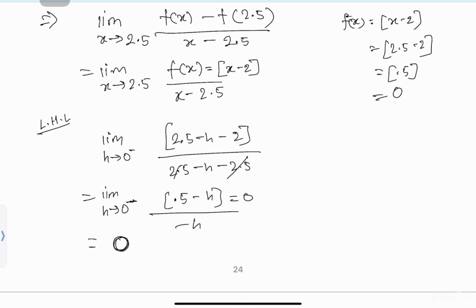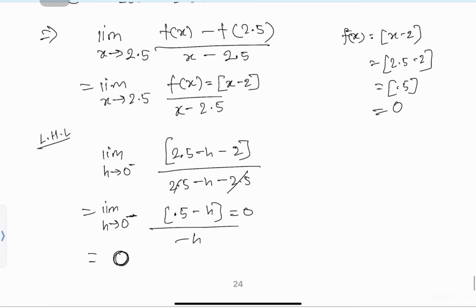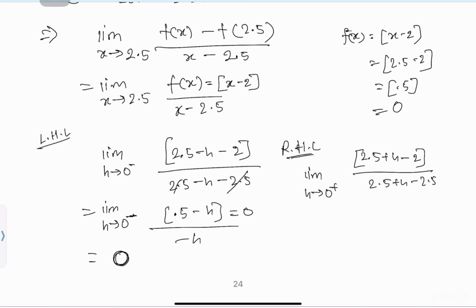Clear? Now the right hand limit, h tending to 0 positive. Then you write 2.5 plus h minus 2, divided by 2.5 plus h minus 2.5. So this becomes 0.5 plus h, and in the same way this also becomes 0, giving 0 only.